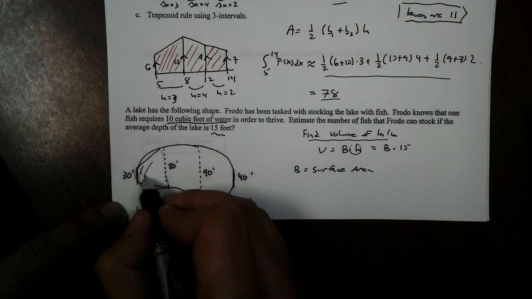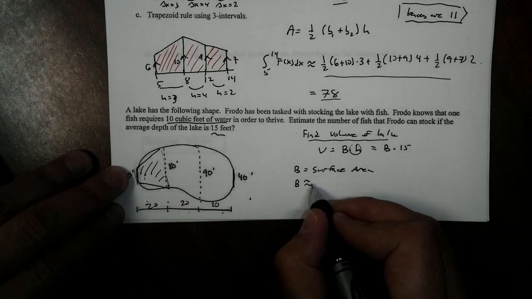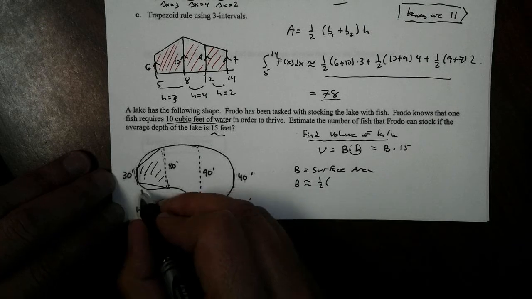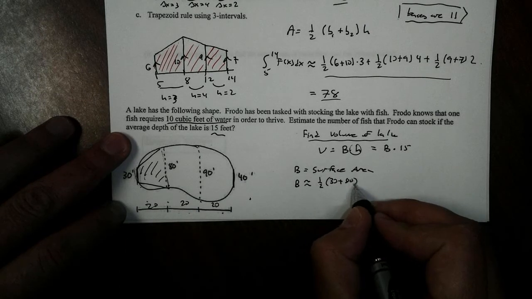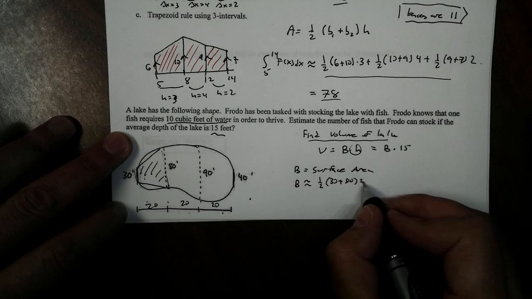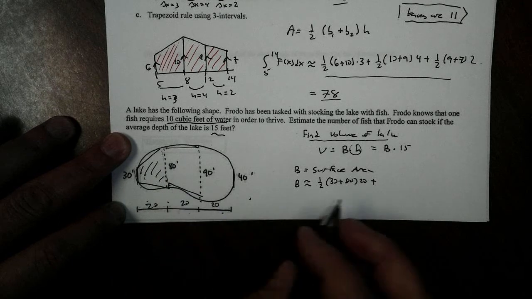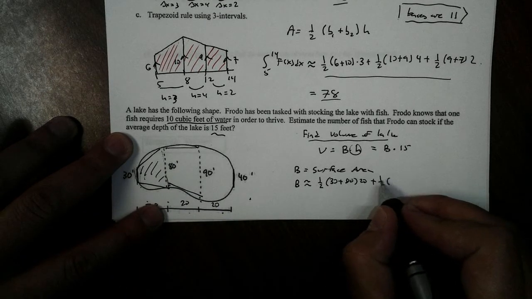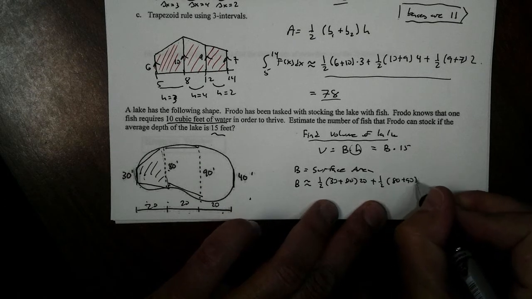So there's trapezoid 1. The first trapezoid, it's an approximation, 1/2, the first base is 30, the second base is 80, and its height between them is 20. Plus, the second trapezoid, 1/2, 80 plus 90, times 20.